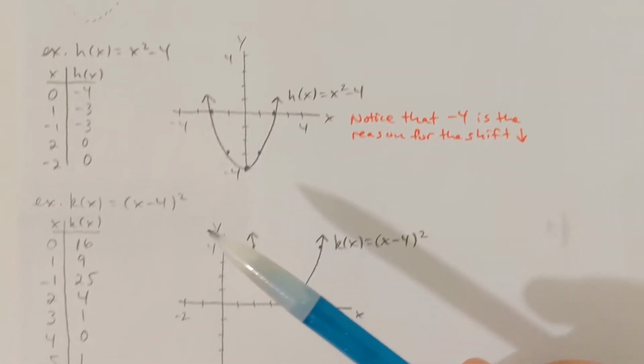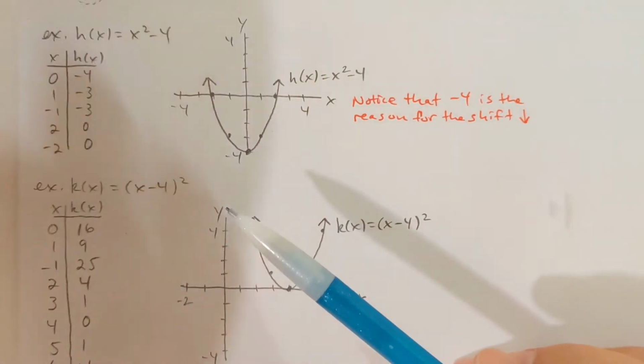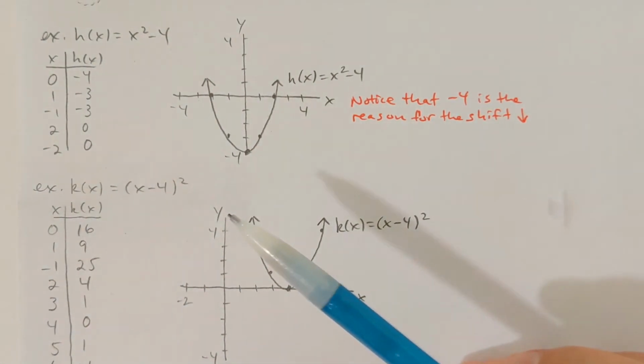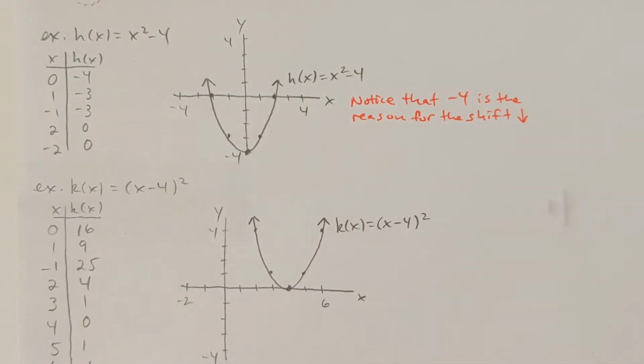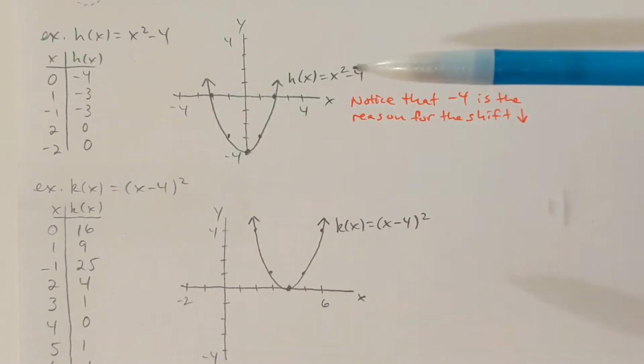Okay, so in my first example, suppose that we have the function h of x, which is equal to x squared minus 4, and I want us to graph h by hand using a table, and we'll just comment on what happened.